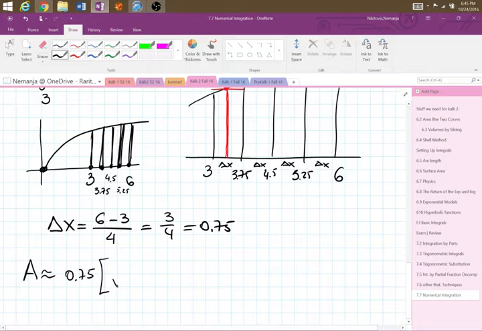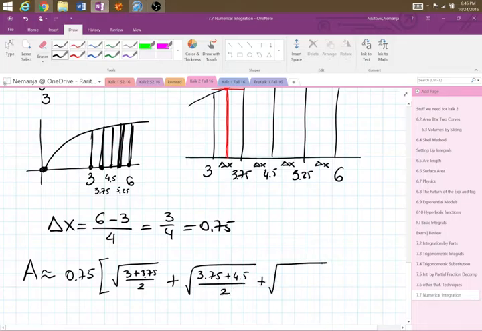So I have square root of (3 plus 3.75) over 2 plus the square root of the average of 3.75 plus 4.5 over 2 plus the square root of 4.5 plus 5.25 over 2 plus the square root of 5.25 plus 6 over 2.